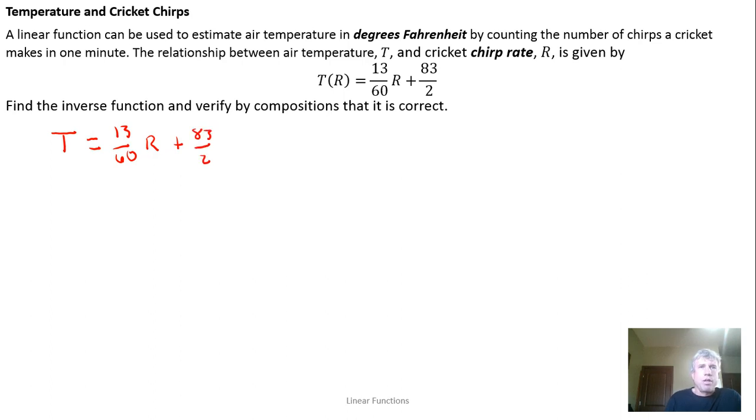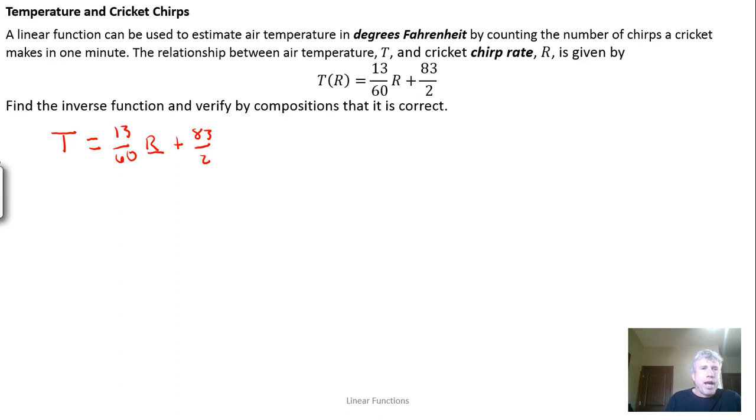And then we're going to subtract 83 over 2 from both sides, because finding the inverse means isolating the original input variable so that it's now the output. So we need to isolate r to find the inverse function. And remember, do not swap variables. It does not work if you're working with an application model.